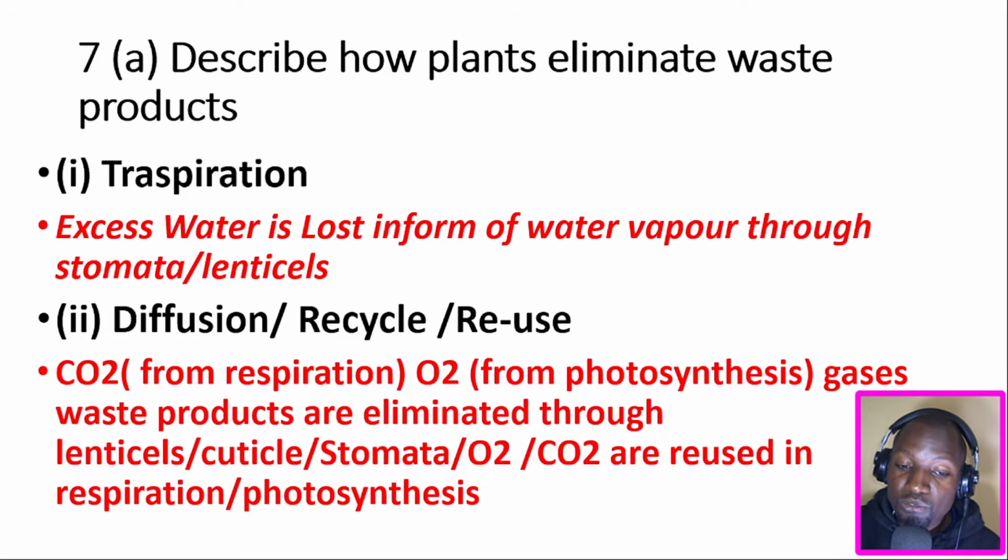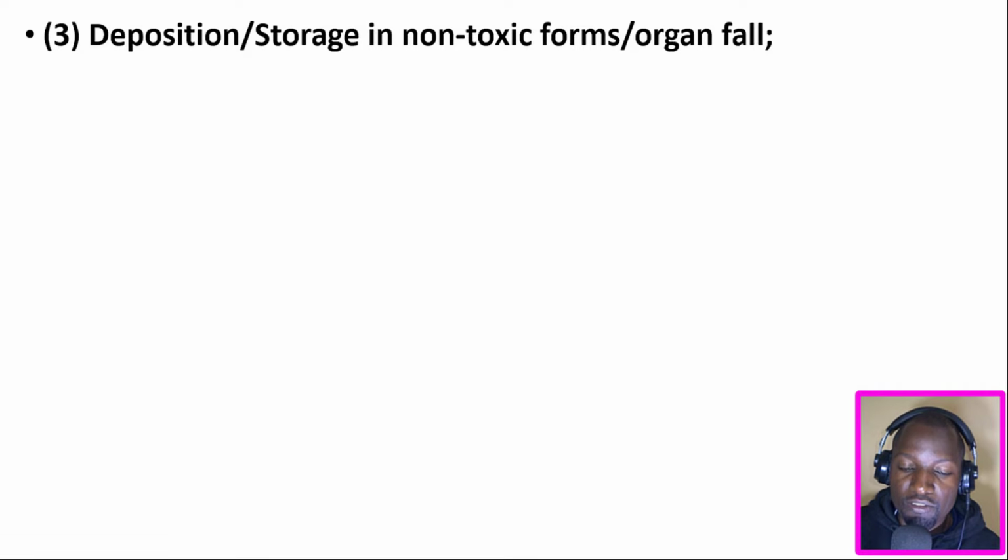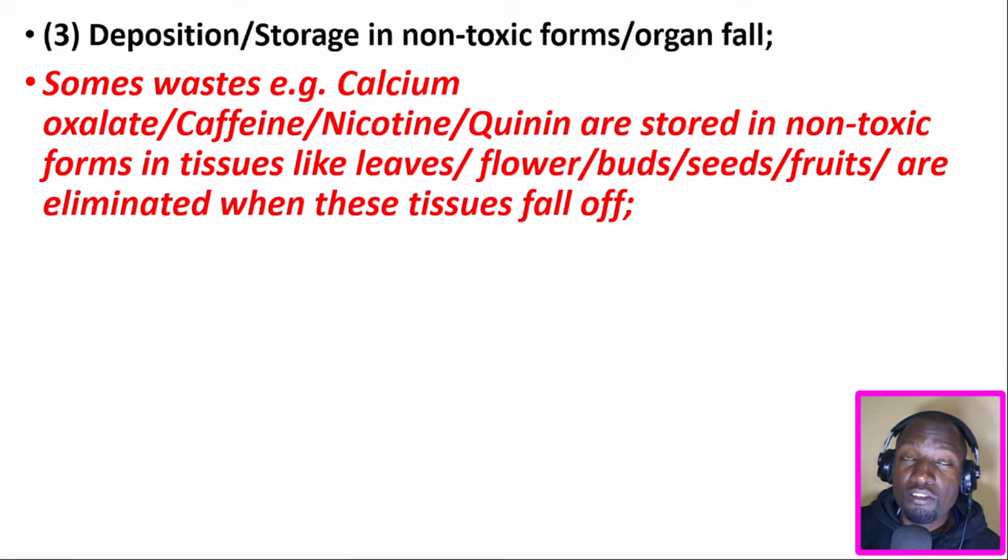Number three is deposition and storage, what we call storage in non-toxic forms. That is also what we call organ fall. Some wastes, e.g. calcium oxalate, and also caffeine, nicotine and quinine, are for the majority stored in non-toxic forms in tissues like leaves, flowers, seeds and fruits, and are eliminated through the falling off of some of these tissues like the leaves.